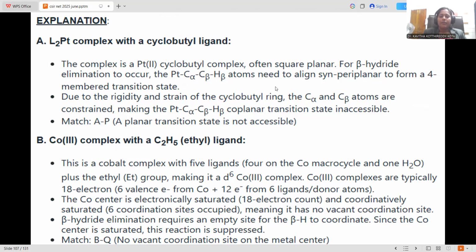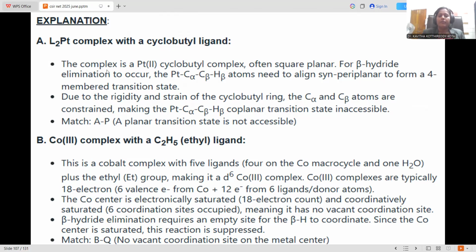Platinum, alpha and beta atoms need to align in the syn periplanar transition state. Due to the rigidity and strain of the compound, the alpha and beta carbon atoms are constrained, and the platinum, carbon alpha, carbon beta, hydrogen beta coplanar transition state may not be suitable for this kind of complex, so it will resist that kind of transition state.